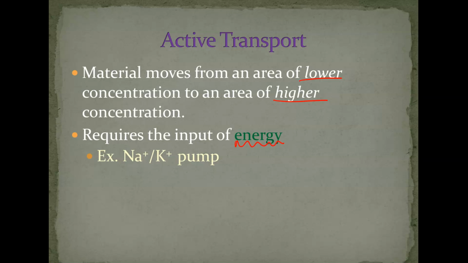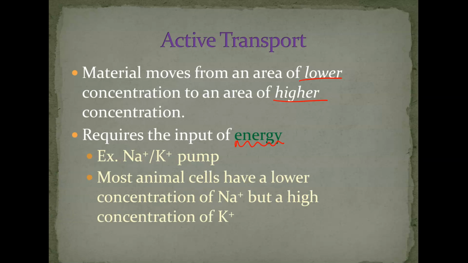And a really great example of active transport is the sodium-potassium pump. So in this pump, in animal cells, they have a lower concentration of sodium, but a higher concentration of potassium. So what happens is when we see that membrane, we're going to have low concentration of sodium.